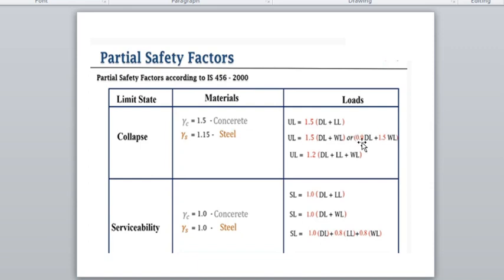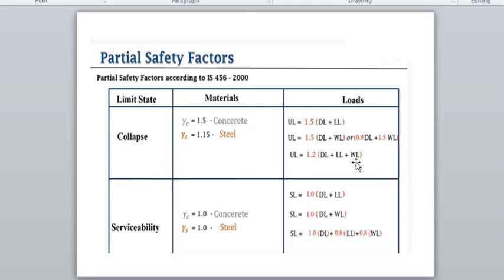This is another combination. Next combination is 1.2 into dead load, live load and WL. WL is wind load. So I am not designing a structure for just one load. I am designing the structure for a combination of loads, and the highest value, or the critical value, we will choose. This is the main concept of design.